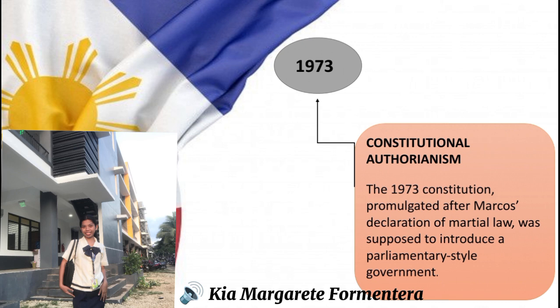These issues led to protests and resistance, which eventually helped bring down Marcos' rule. To prevent similar issues from the 1973 Constitution, we must strengthen democratic institutions, protect human rights, ensure fair elections, support free speech, promote transparency, fight corruption, and educate citizens.